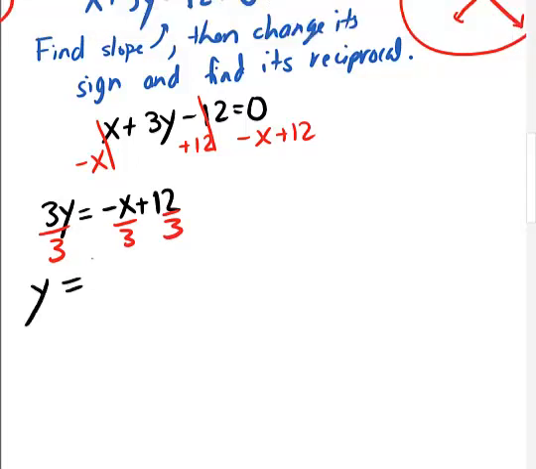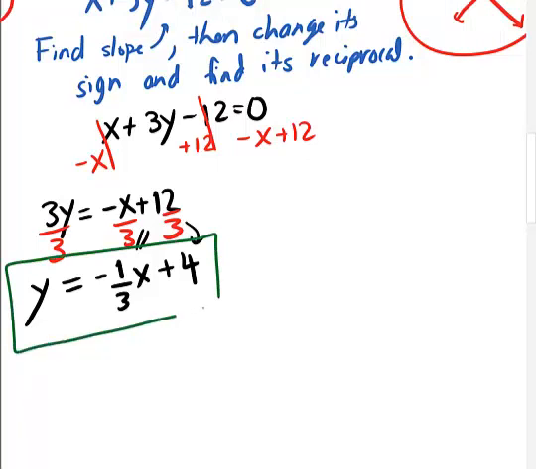Looks like, if I want to extract the slope, it would be negative 1/3 times x. Because there is a 3 in the denominator, and then kind of like a negative 1 as a coefficient of x. And then 12 over 3 is 4. Not that that part matters, because remember what we're doing here is we're trying to look at this line's equation and figure out what its slope is.